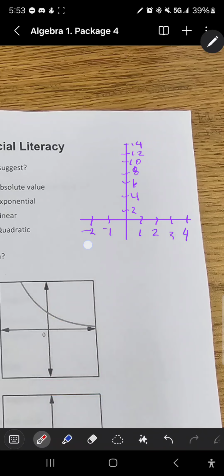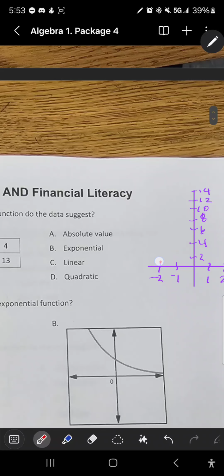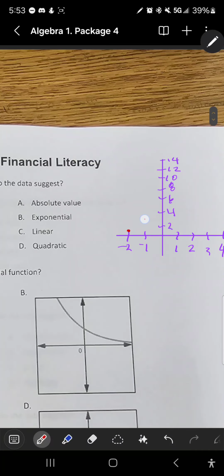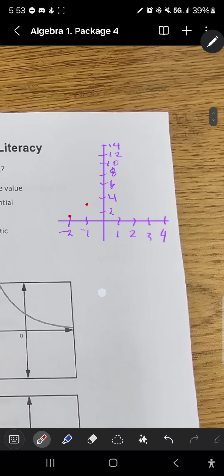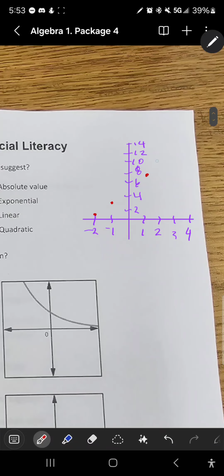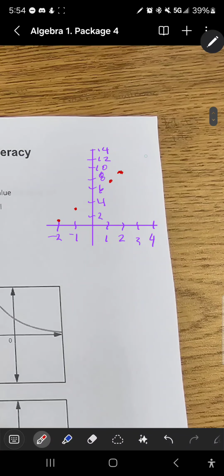So we go now. It is -2 to 1, -1 to 3, 1 to 7, so 1 goes to 7, 2 goes to 9, and then 4 goes to 13.